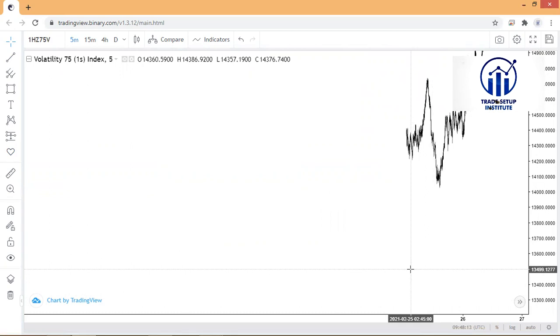Now, this was the 5 minutes chart. Look down, you see the dates here. February 25th. This backtesting is starting from February 25th to today's date.